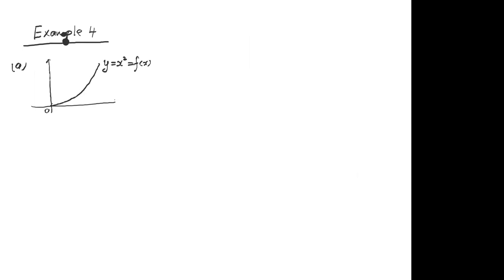You ask yourself, what do I differentiate so that I will get x squared? You have to ask yourself a question like that. It will be x cubed over 3. Am I right? This is through experience.